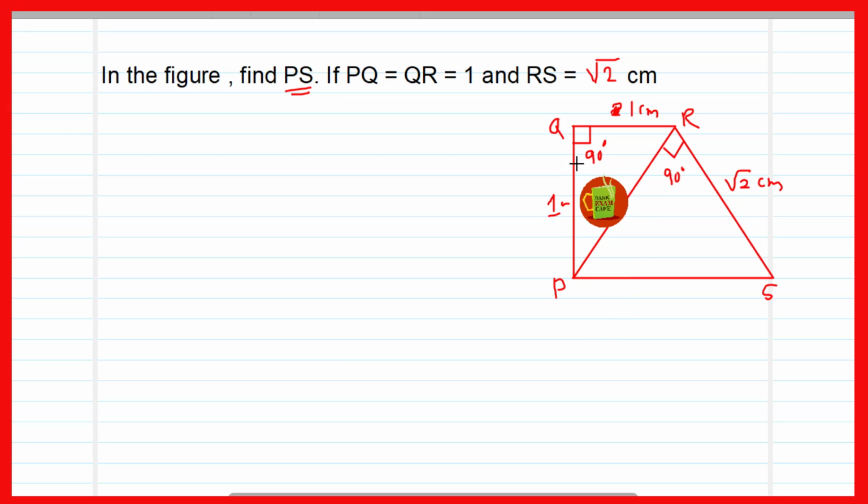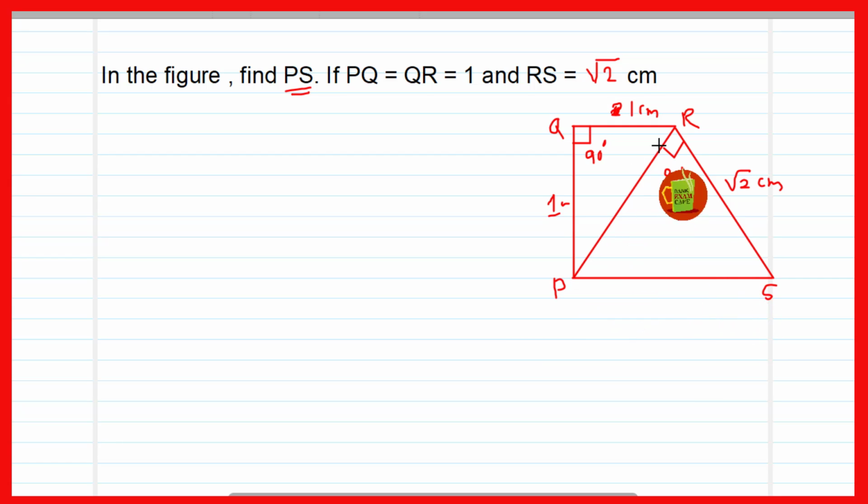PQ is given as 1 centimeter, QR is given as 1 centimeter, RS is given as √2 centimeter, and this angle is 90 degrees and this angle is also 90 degrees, and we have to find the length PS.